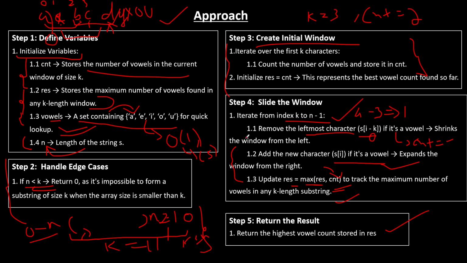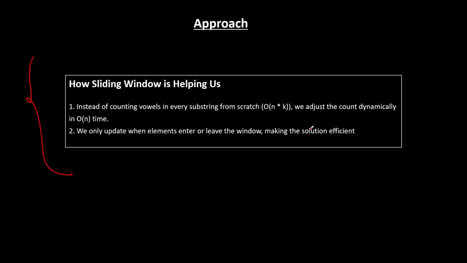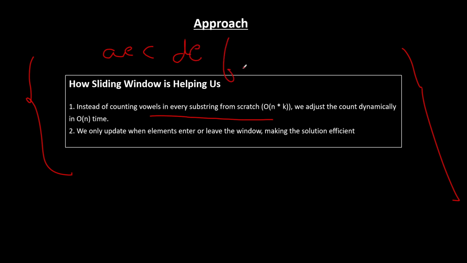I hope you understood the approach, how we are dealing with the sliding window technique here, how the variables are declared, and why we are using a set to check for the vowels. Fine. How is the sliding window helping us? Let's brush up. Instead of counting the vowels in every substring from scratch, for example, if you have a string A, E, C, D, E, F, G, fine, i is here.